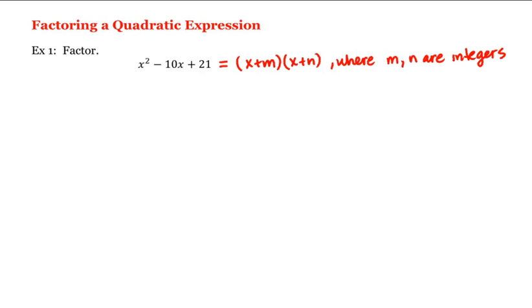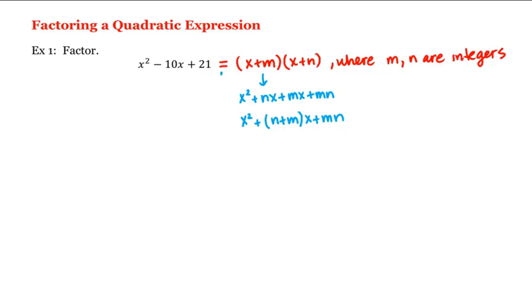Now think about what must be true. Let's FOIL this right-hand side. We have x squared plus n times x plus m times x plus m times n, or x squared plus n plus m times x plus m times n.